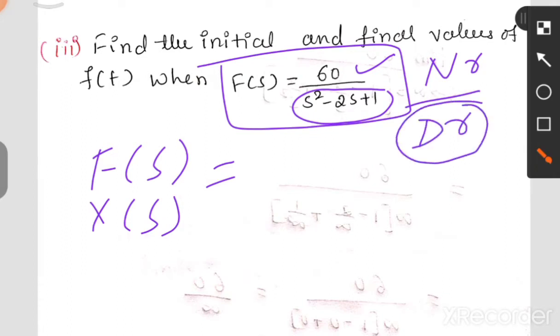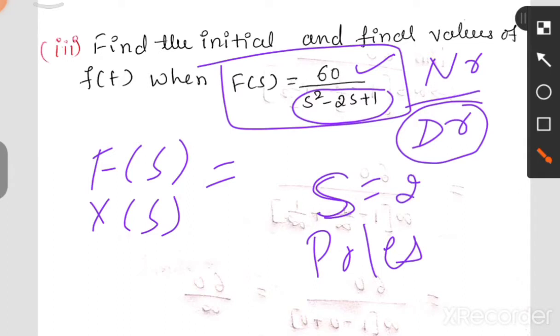Remember, in the denominator, how many s's are there, that represents the number of poles. s square minus 2s plus 1 gives us s; two s's are there. Then we have to find out those s values. Those values represent your poles.